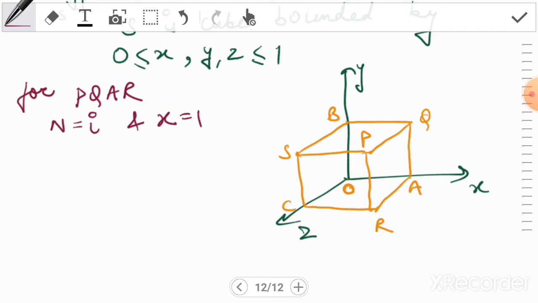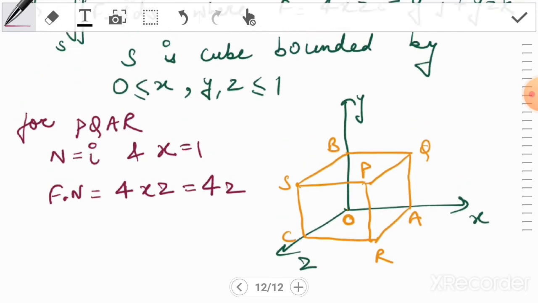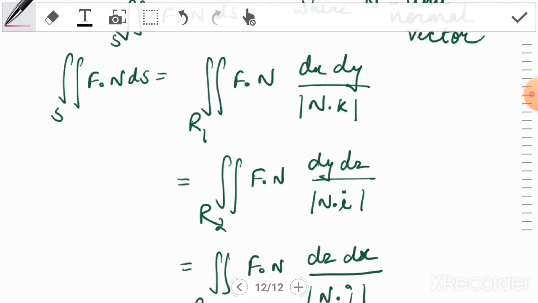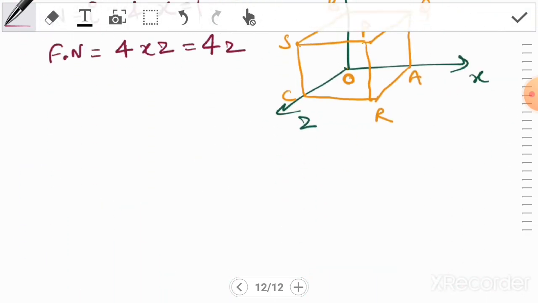So f dot n is equal to 4xz, which is 4z, putting x is equal to 1.